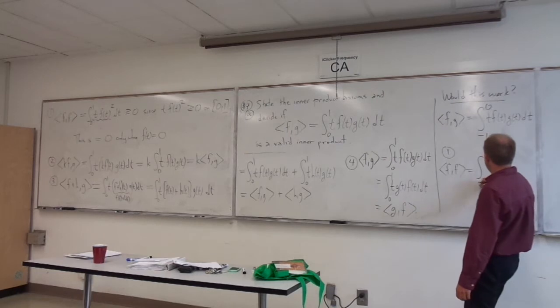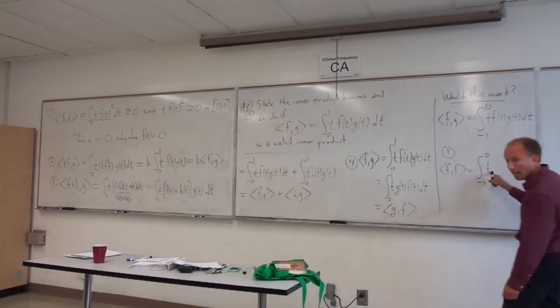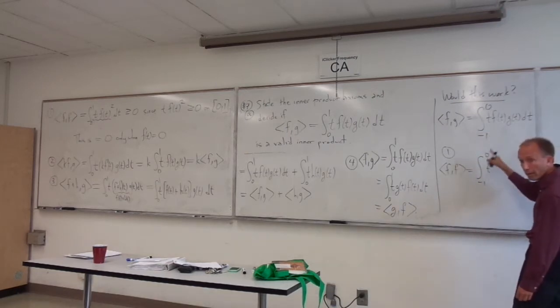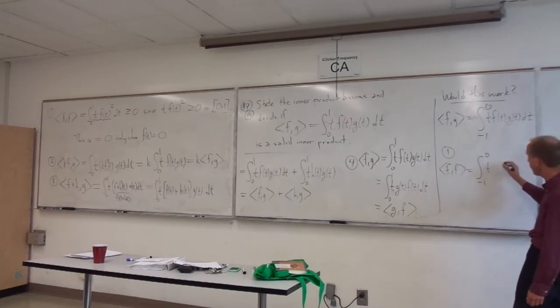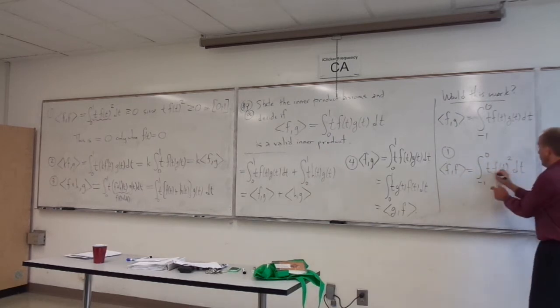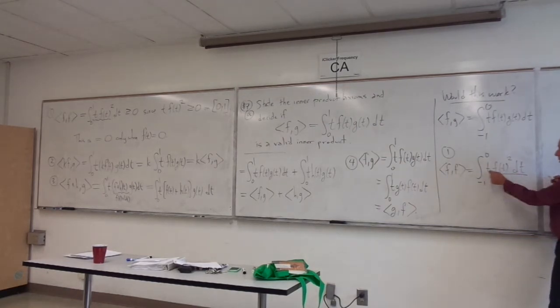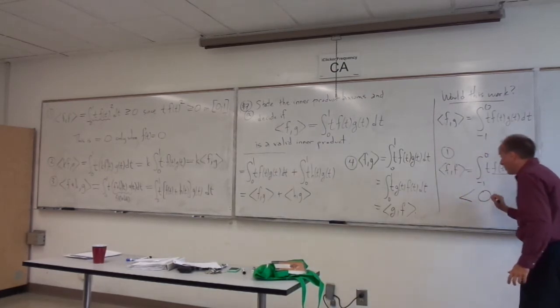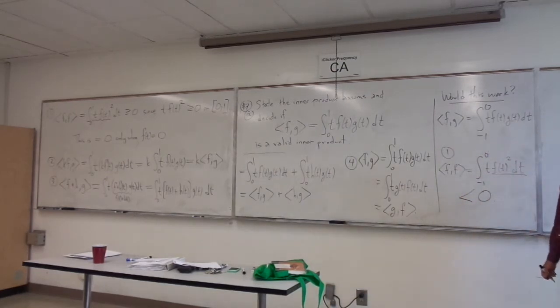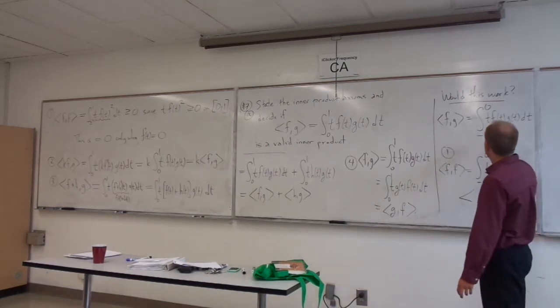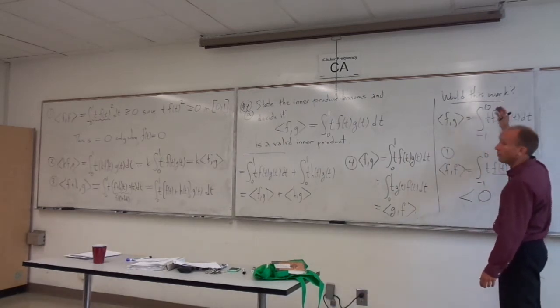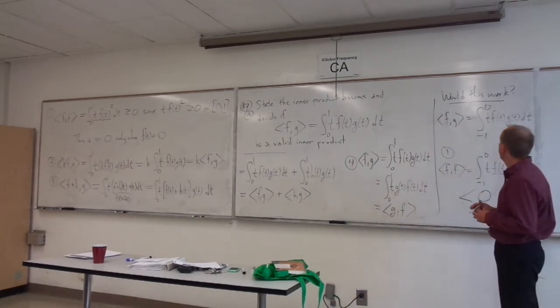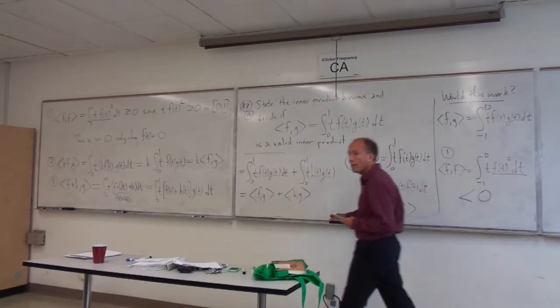Because now this t is running through a negative part of the x-axis. F of t squared is still positive, right? This part is positive, but the t flips the sign of the integrand, and you end up getting a negative answer there. So that would be one way to change. So I can change the limits of integration as well. Give you something to think about on that.